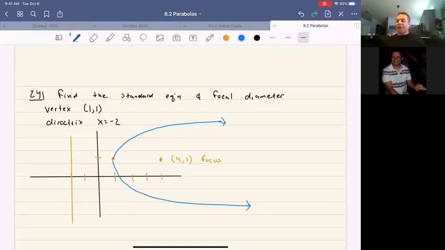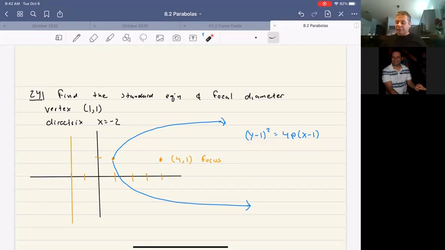Now we're kind of stuck with the transformations argument. Basically, for both of them you subtract. So this is going to be y minus 1 squared equals 4p times x minus 1. This one opens to the right.